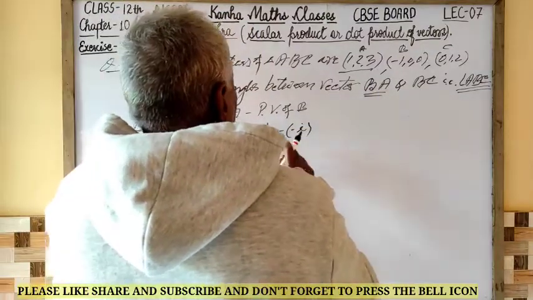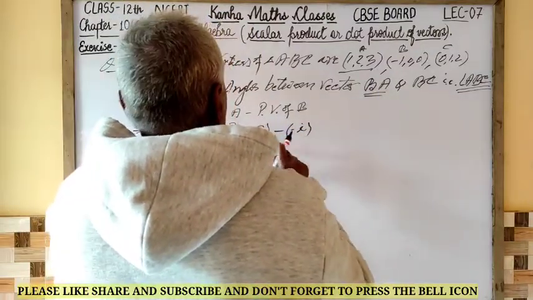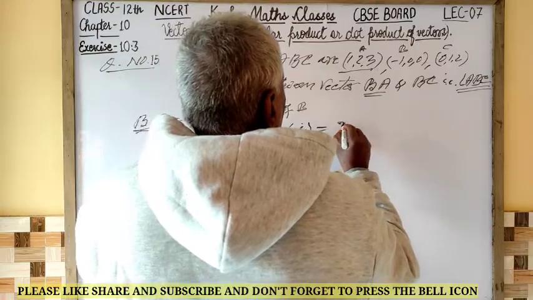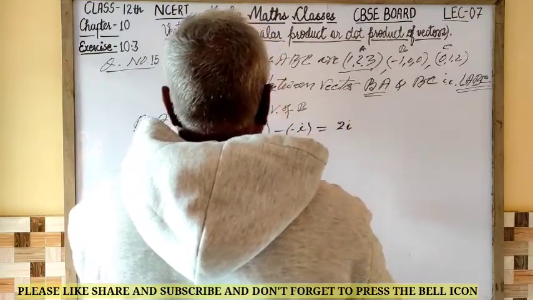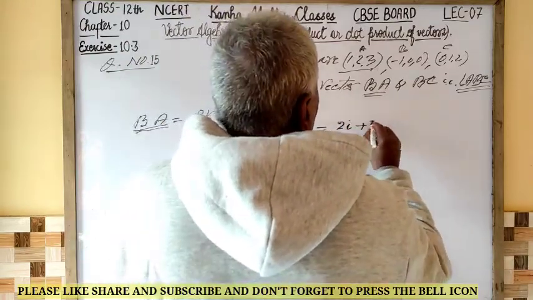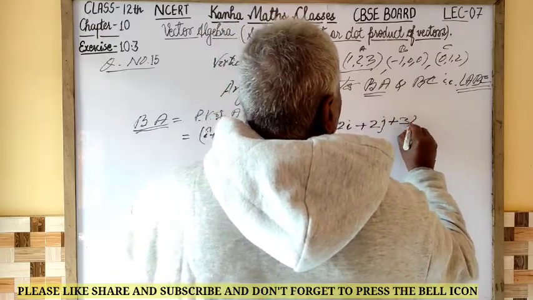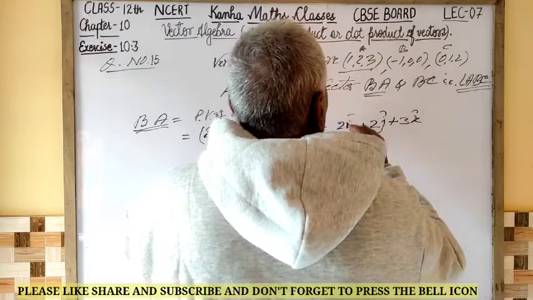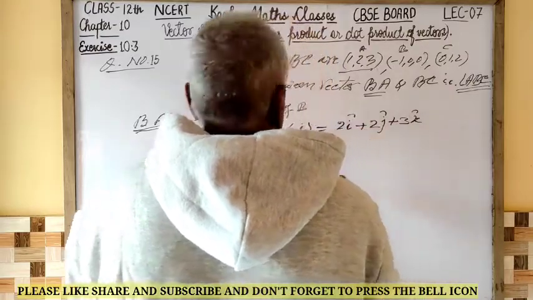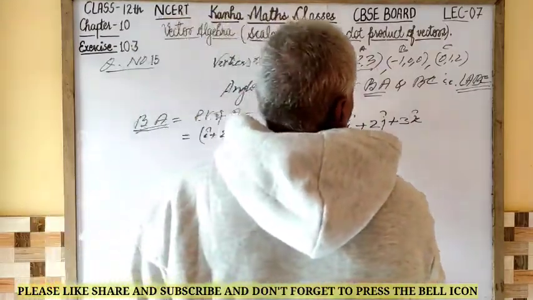Now i minus (minus i) means plus i. Here we will get 2i plus 2j plus 3k. This is the vector BA.